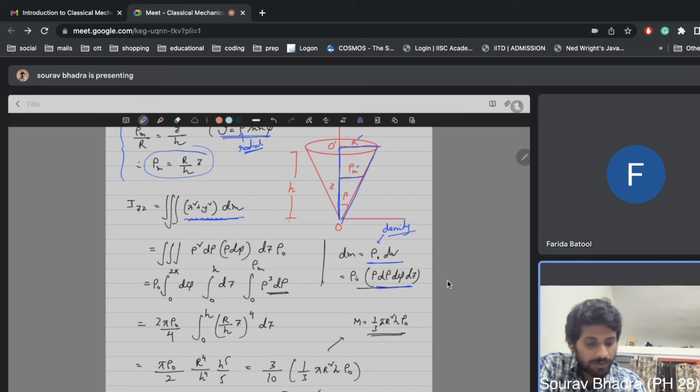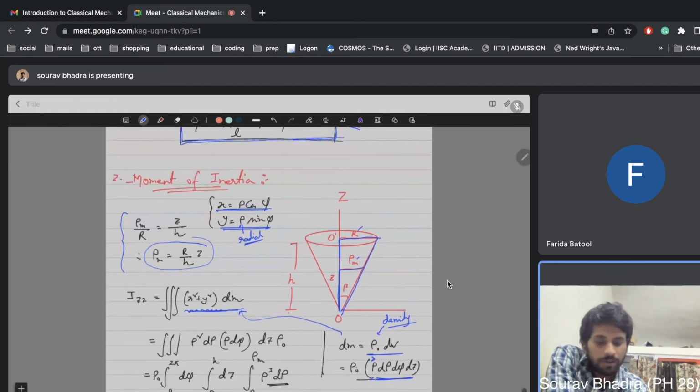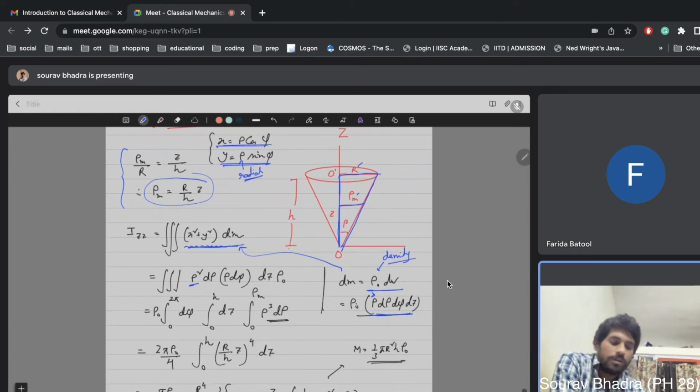So never confuse these two rho, they are different. Okay, so this dm we will put in our expression, along with x square plus y square. Since x equals rho cos phi and y equals rho sin phi, x square plus y square equals rho square. So that's why I have written rho square.